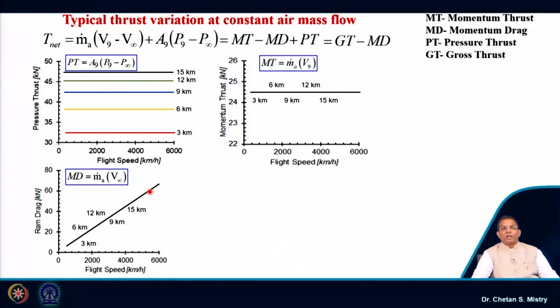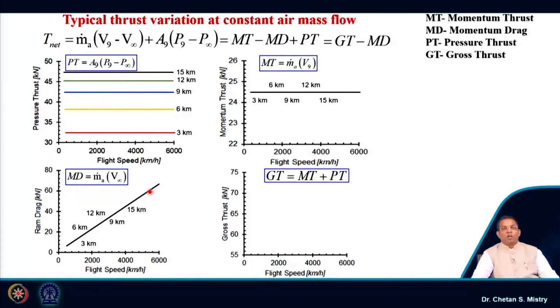Now, let us try to analyze the total or gross thrust, that is nothing but my momentum thrust and my pressure thrust. If we look at this, it represents the summation of the thrust because of pressure and the thrust because of momentum.